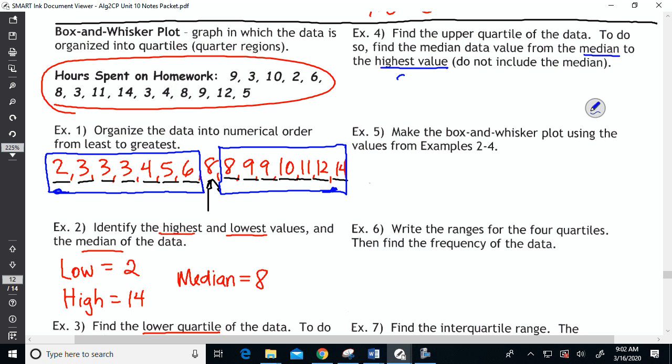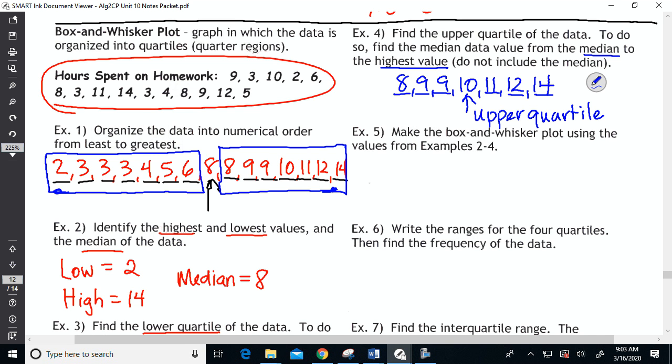So that gives you 8, 9, 9, 10, 11, 12, 14. So we find that middle number again. So 10 becomes your upper quartile.